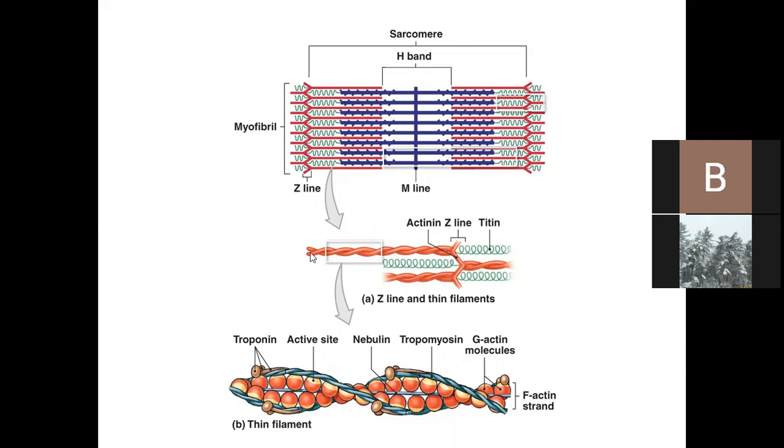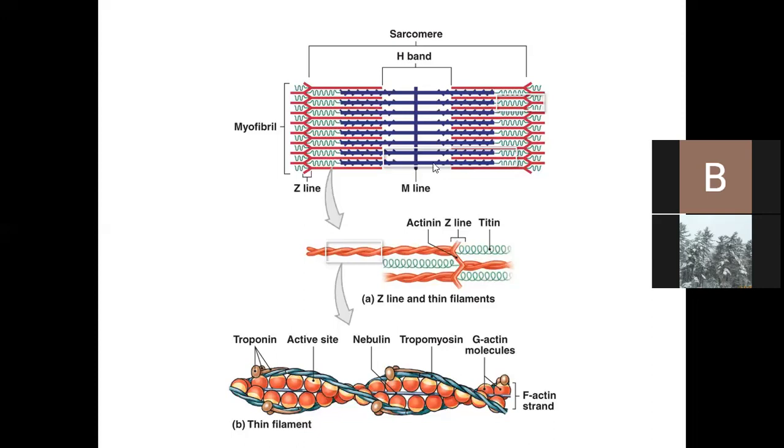I'm looking at the middle diagram here. So we have the actinin molecule that holds them together, and that is what forms the Z line. We have the titin, which is highly coiled, but as you can see, it coils and then it goes into the middle of a thick filament. And the thick filament is the one which is forming the H band.